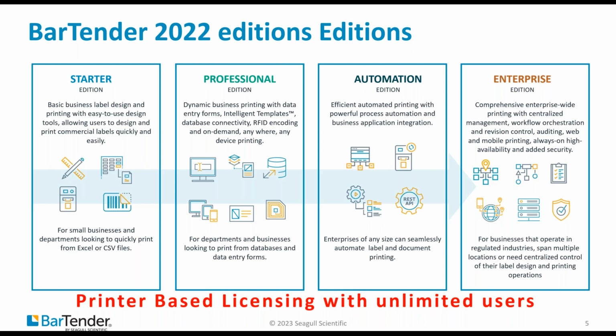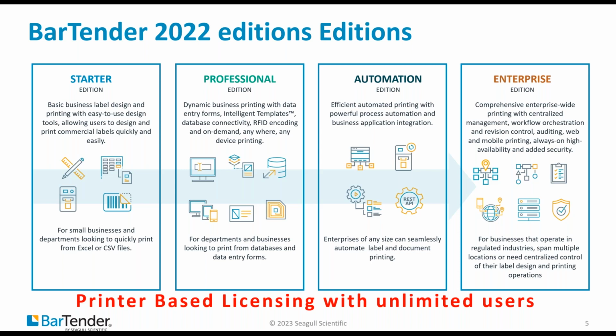BarTender 2022 is available via any of our software editions. This starts with our entry-level Starter Edition for easy-to-use label design. Next is our Professional Edition for small businesses looking for dynamic interaction, including data entry forms, intelligent templates, and database connectivity. I should probably note that each higher edition of BarTender contains all the features of the lower editions. So if you start off with Professional and you move into Automation, you keep the Professional functionality as well as the Starter functionality.